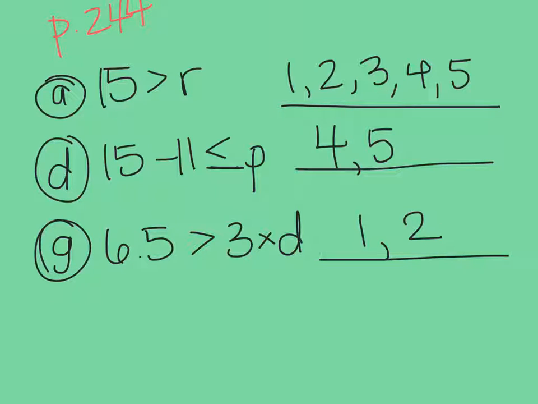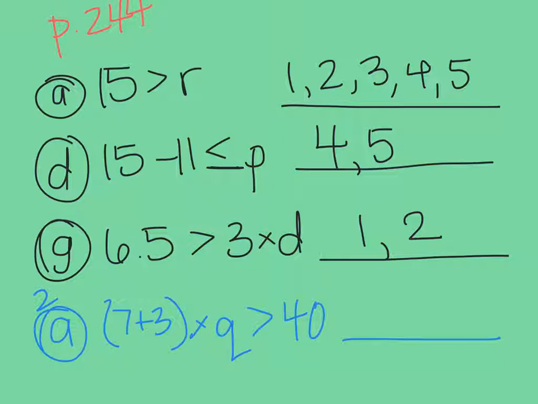Just glancing at number 2, you're doing essentially the same thing, except now you are thinking of two numbers that are not solutions for each inequality. So we want to think of numbers that would not work. Looking at letter A for number 2, we have 7 plus 3 times Q is greater than 40.